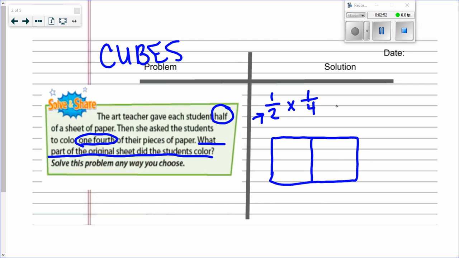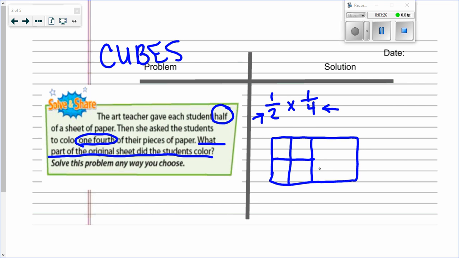Now I'm going to look at my second fraction. I'm going to look at that denominator, and it is a 4. So if I'm looking at that half sheet of paper, I have to color in 1/4 of it. So I am going to divide that half sheet into 4 pieces. I could go ahead and divide this other half sheet that I'm not working with as well, but for this problem I'm not.